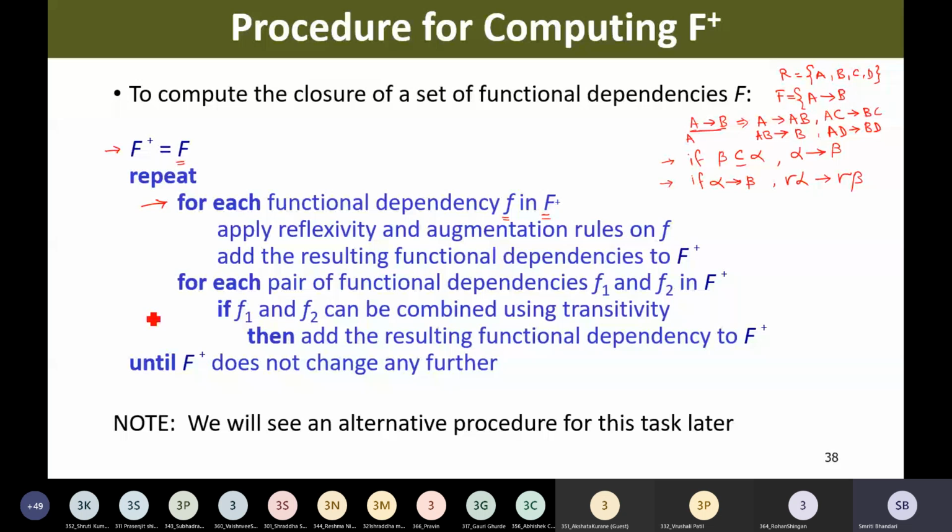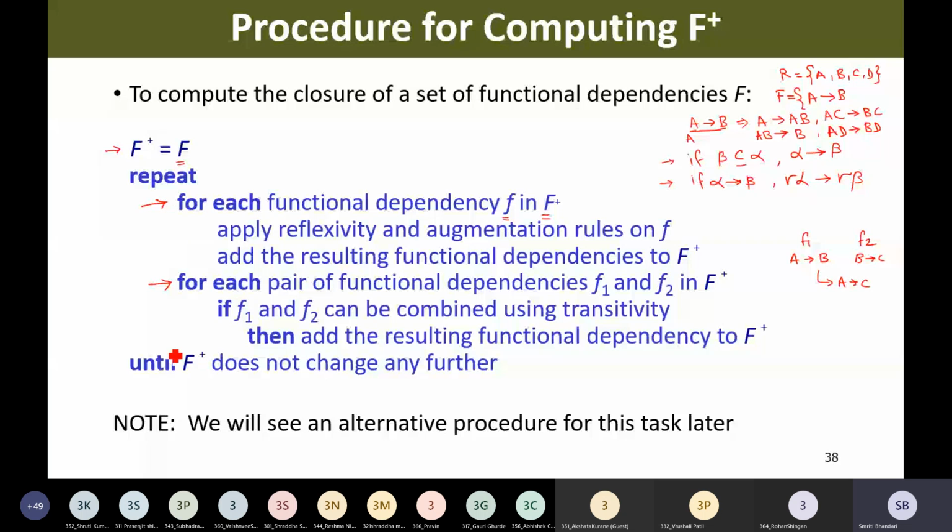Suppose we have the functional dependencies A to B and B to C. This is my F1, the first functional dependency, and F2, the second. We pick up pairs of functional dependencies in F plus, and if it is possible to apply the transitivity rule, we apply it and come up with the new functional dependency A to C. This is how we add functional dependencies using the transitivity rule.